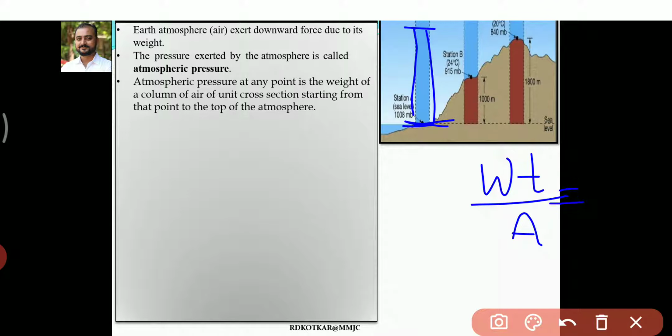This weight is nothing but force, and force acting per unit area is your pressure. In this manner the atmospheric pressure will be calculated for any place.